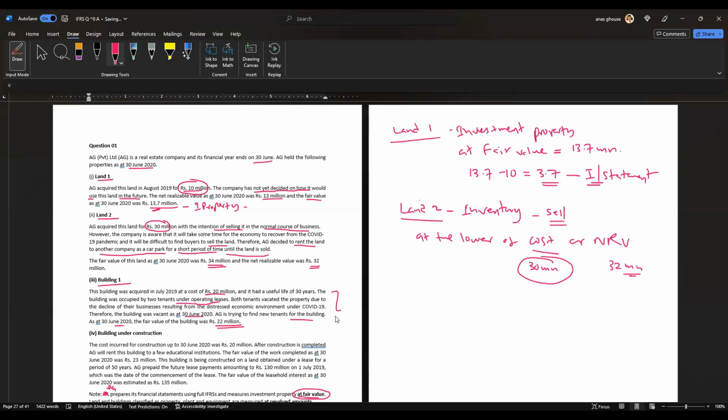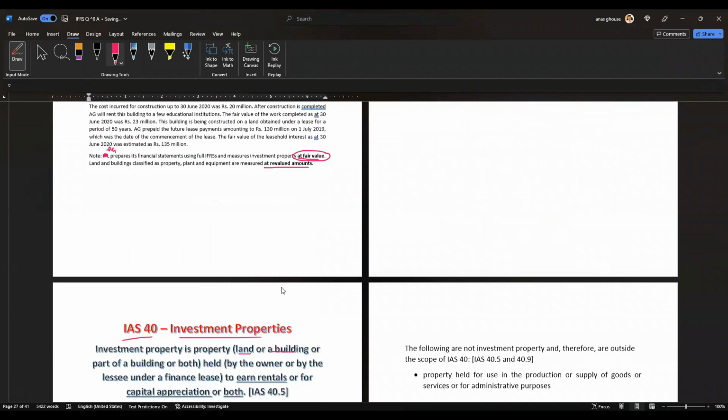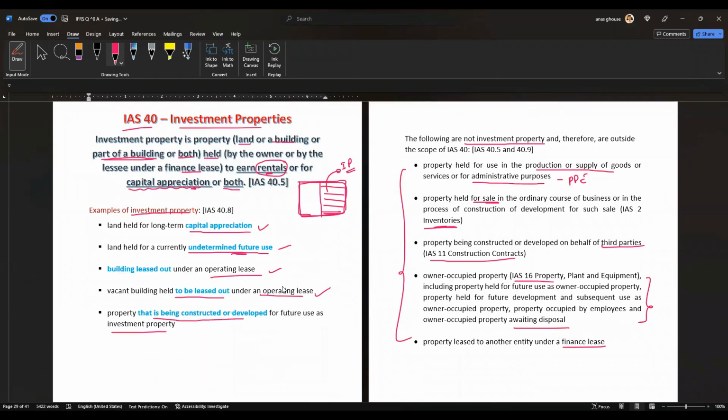Okay, so what is the scenario here? The building was acquired at a cost of 20 million and this was occupied by 2 tenants under operating lease. So this was given on operating lease. So therefore, as per IAS 40, building leased out under an operating lease should be an investment property. And also, if the building is vacant and held to be leased out under an operating lease, that also falls under investment property.